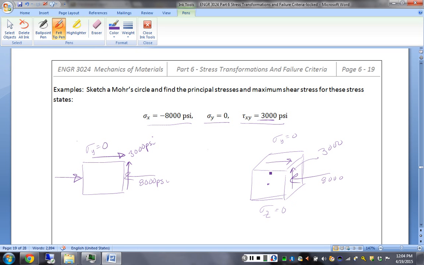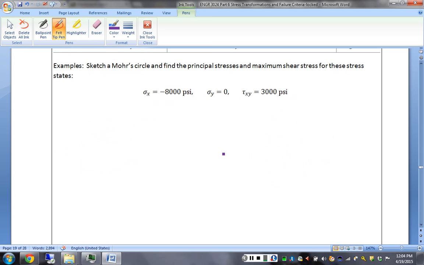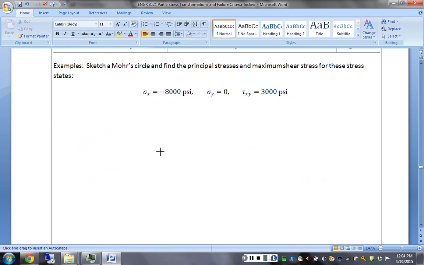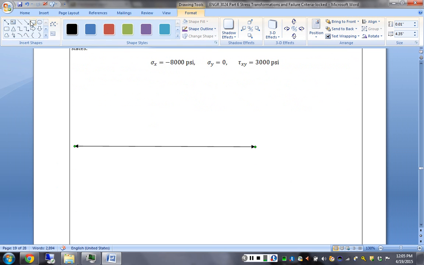Alright, so now moving on to sketching the Mohr's circle. First thing we need is axes, so we'll grab a couple of those. We see that sigma x is negative and sigma y is 0, so we should know at this point, give myself a little bit more room, to set up the axes with the origin to the right a little bit.